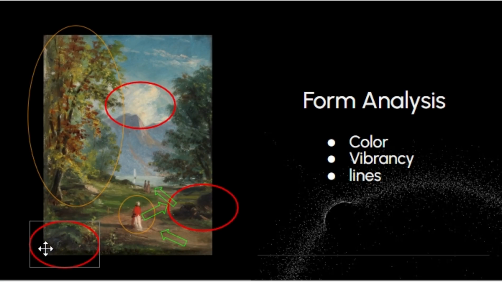Additionally, there's more detail in closer items, those darker items, while the sky and the mountains are more fuzzy and blurry. So the techniques change in order to give it more perspective. Additionally, the hues he used, the red and the orange, add to that perspective, which I thought was really cool.